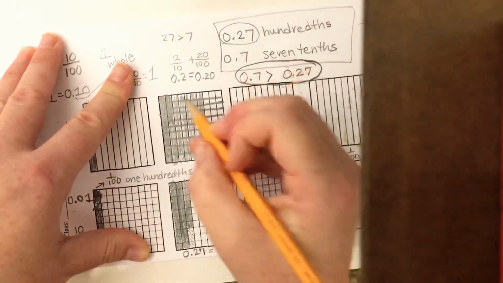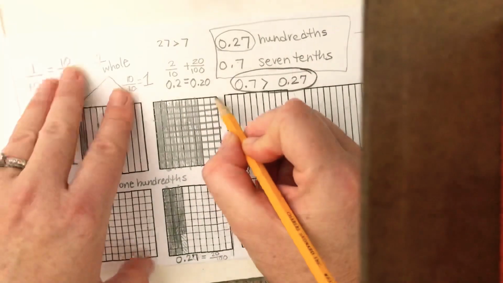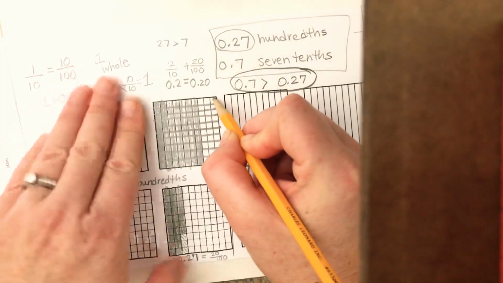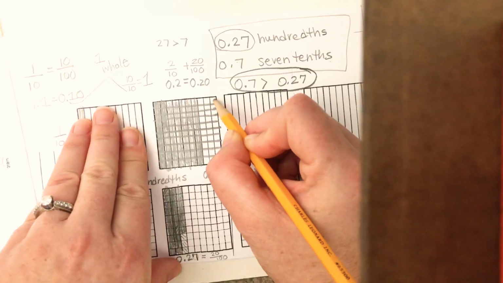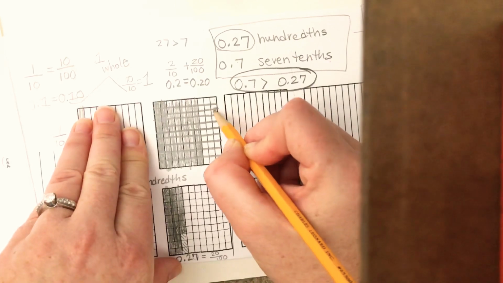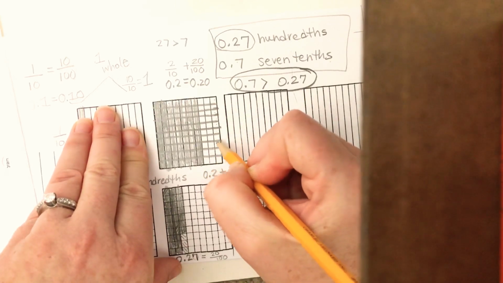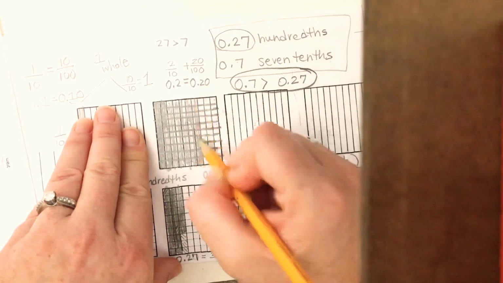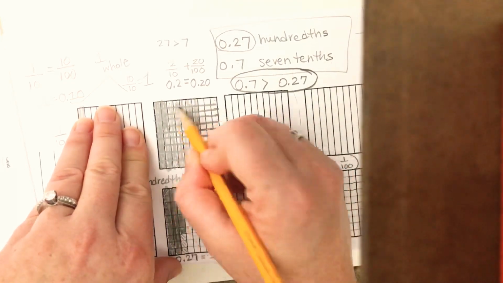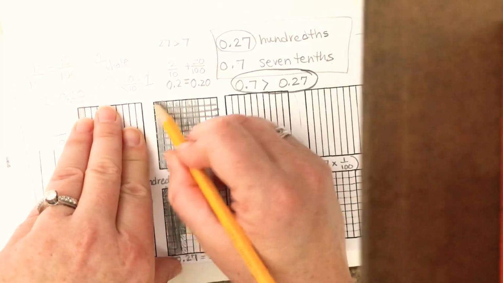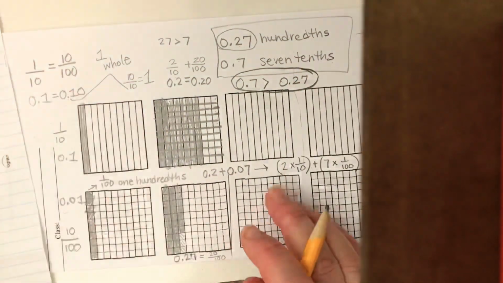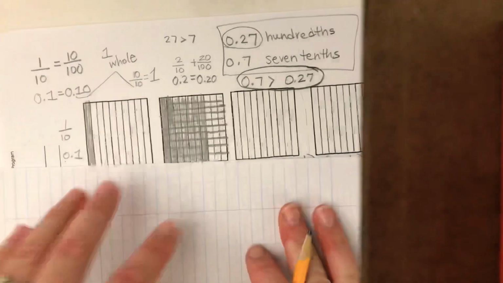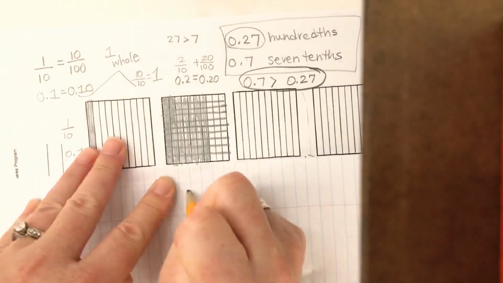So let's see, we had 10 equal parts, and if we divided each tenth into 10 equal parts, we make 10 times as many pieces. So now I have 1, 2, 3, 4, 5, 6, 7, 8, 9, 10, 20, 30, 40, 50, 60, 70, 80, 90, 100 equal parts. So now my grid shows a denominator of 100.